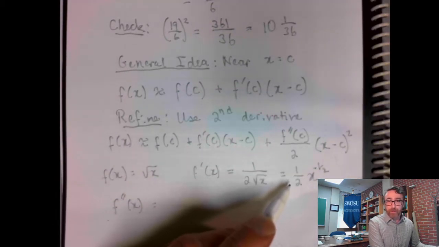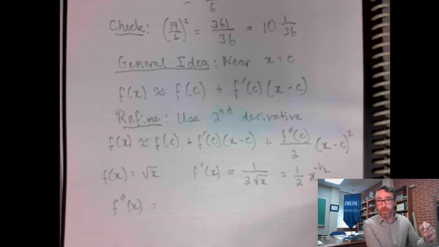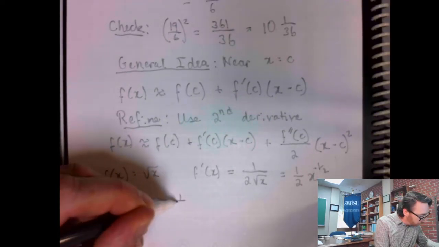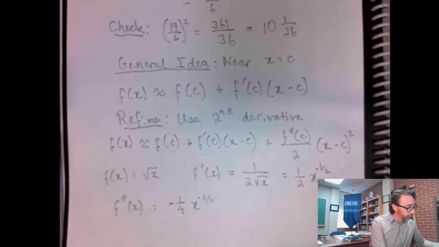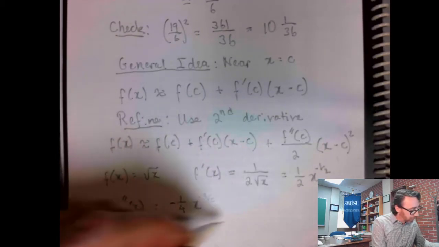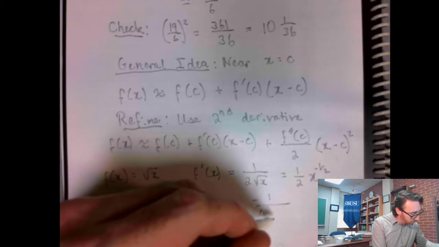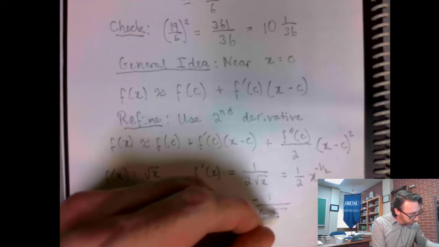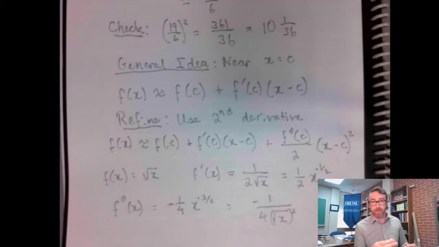Negative 1/2 comes down, so we got negative 1/4 out front. New exponent is negative 1/2 minus 1, so negative 3/2. So I have negative 1/4 x to the negative 3/2. So this is negative 1 over 4 square root of x cubed, if you remember your negative exponents. So I have to take this and evaluate it when x equals 9.